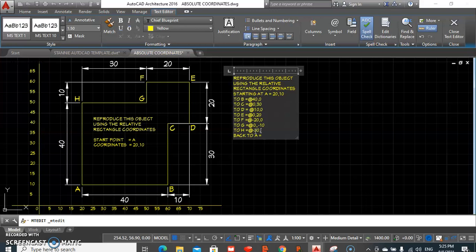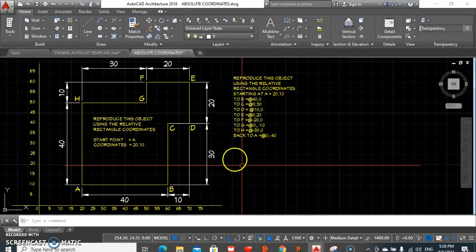We had no vertical movement, so that's going to be 0. And to get back to A, let's go @. There was no horizontal movement there, so it's going to be 0. We had vertical movement going down at negative 40, and that would have completed our drawing.